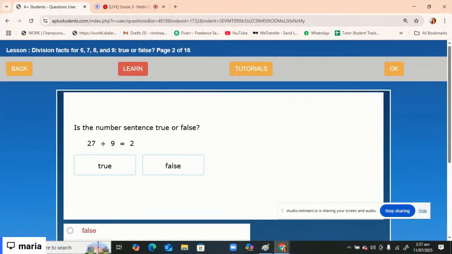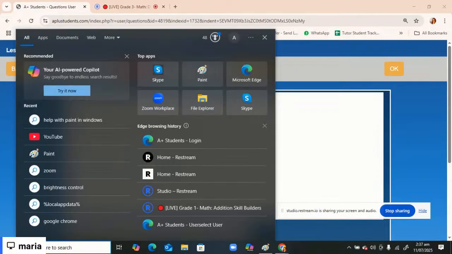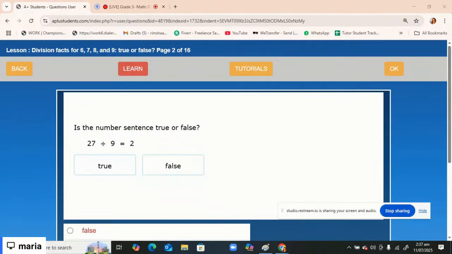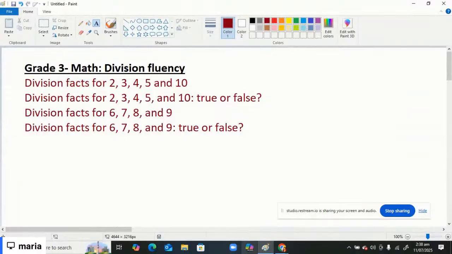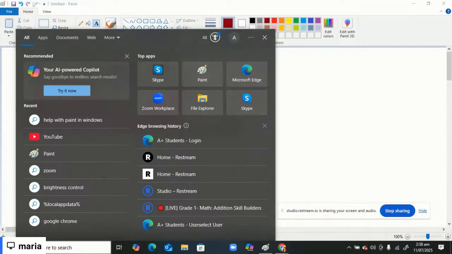I'm going to open the next. So wait, let me just open it.